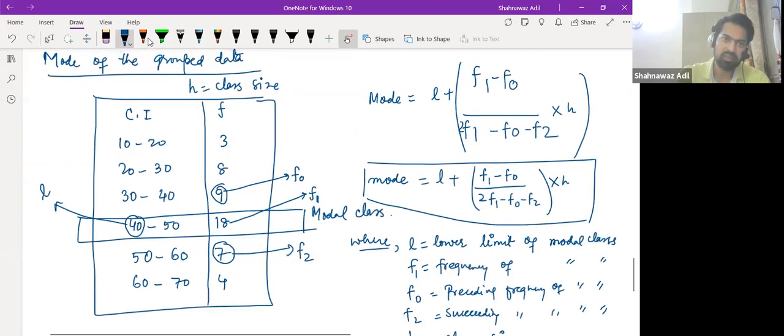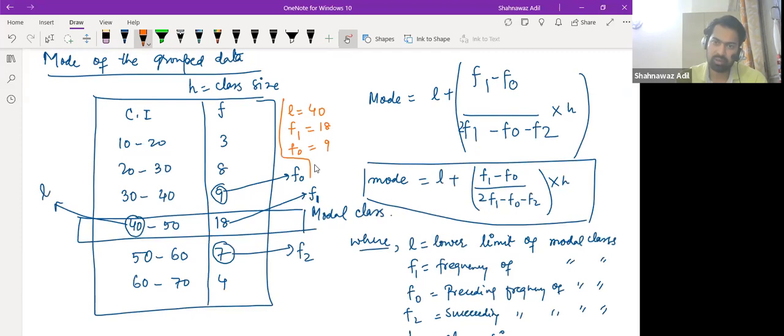So in our case, L is 40, F1 is 18, F0 is 9, F2 is 7, and H is 10. So these are the things that we have from this data.